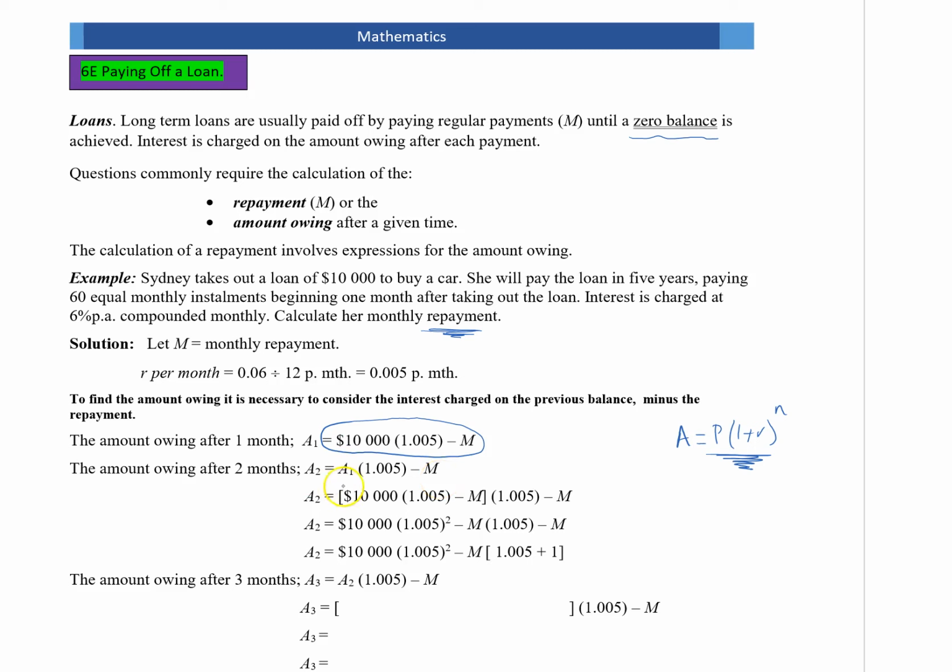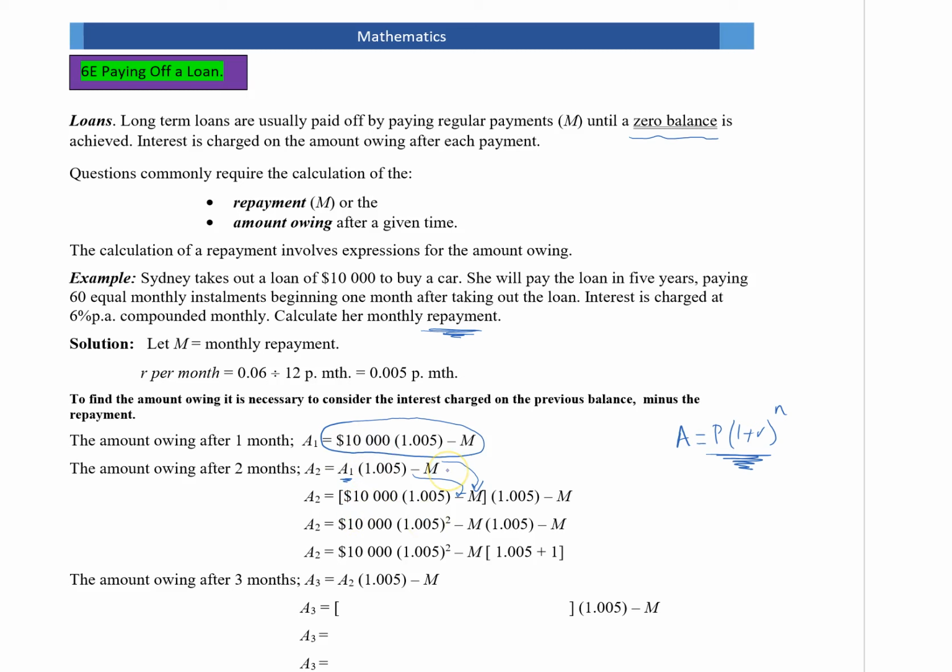Now, we need to substitute for our A1. So our A1 we take from back here. It was 10,000 times 1.005, but remember, we've got to subtract the M. So all I've done is I've put at the front the actual expression for A1.